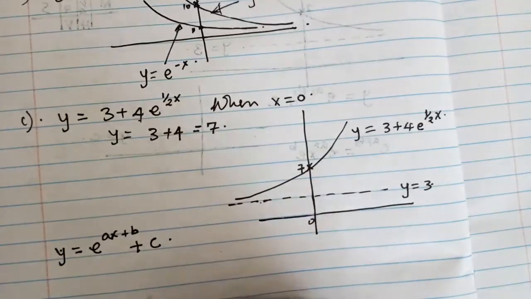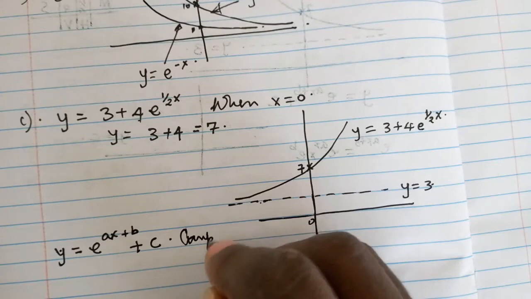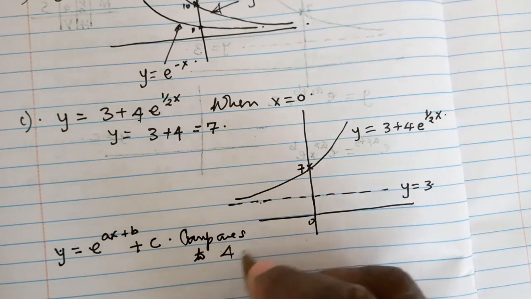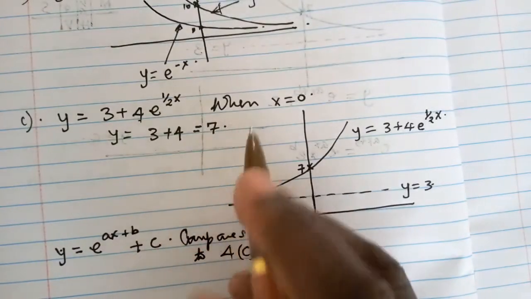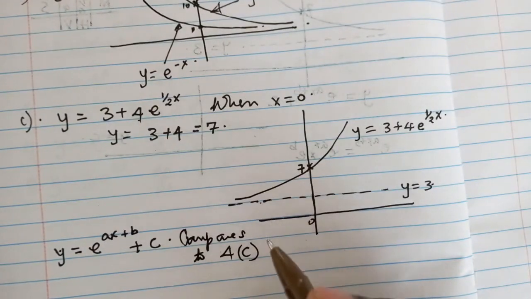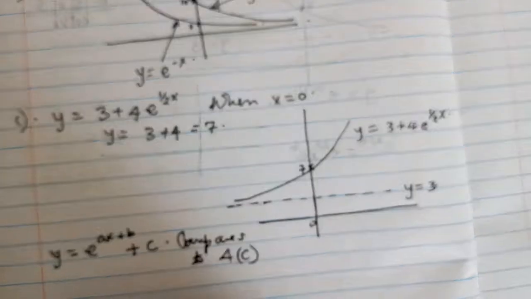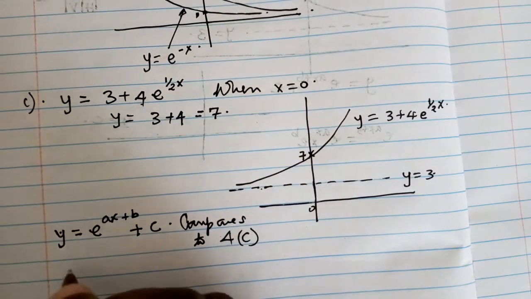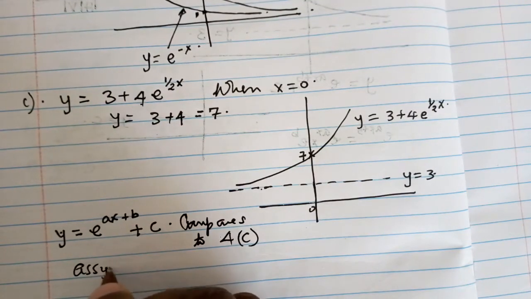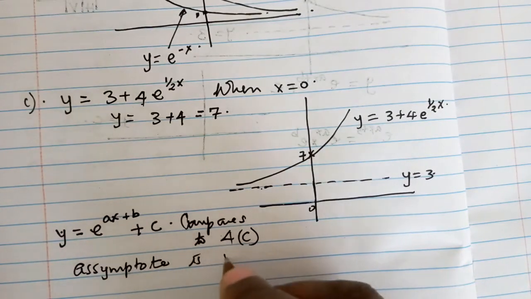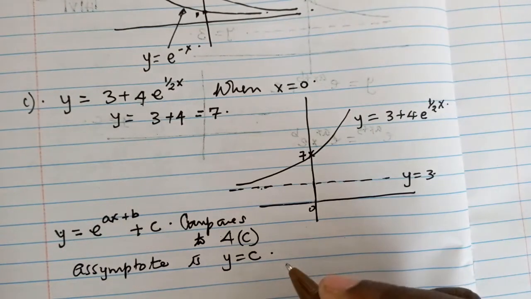This compares very well to the one above. Why does it compare? With calculations, we realize that the asymptote is y is equal to c.